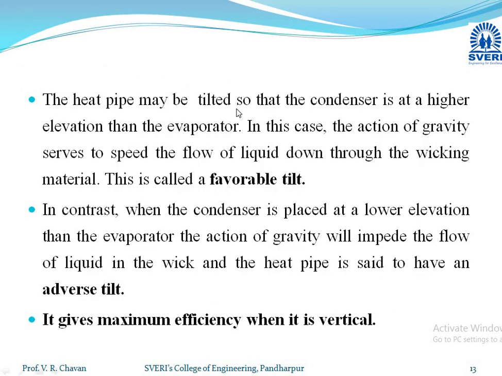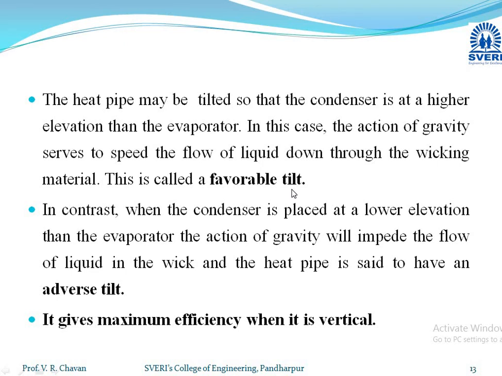The heat pipe may be tilted so that the condenser is at a higher elevation than the evaporator. In this case, the action of gravity serves to speed the flow of liquid down through the wicking material. This is called a favorable tilt.